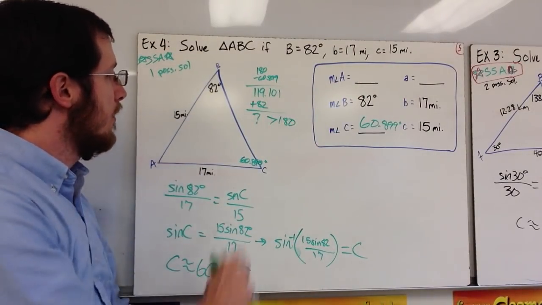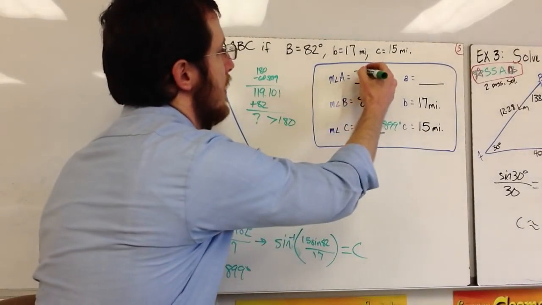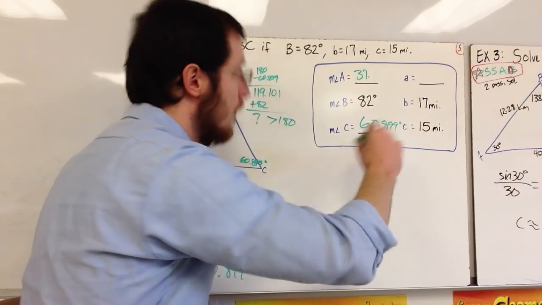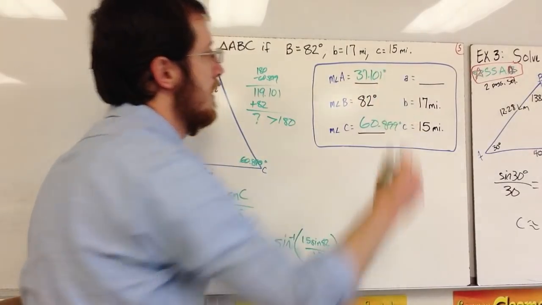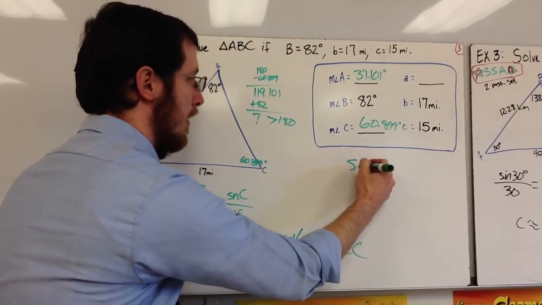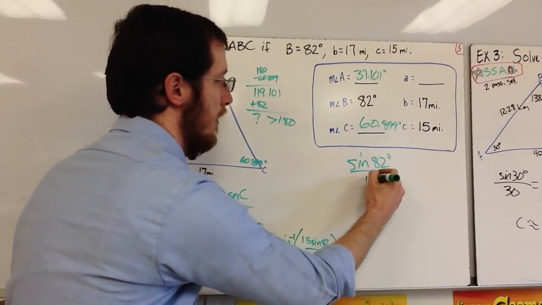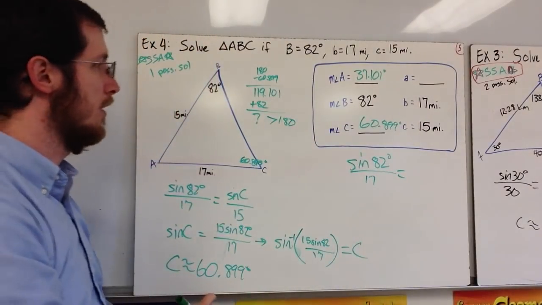Okay, so solving for angle A, we add these two, subtract it from 180. Then we get 37.101 degrees. Okay, we set up our law of sines again. The sine of 82 over 17. Now we're solving for little a.